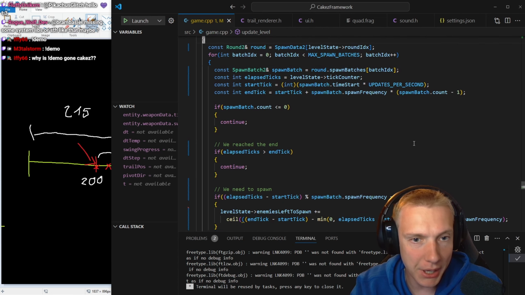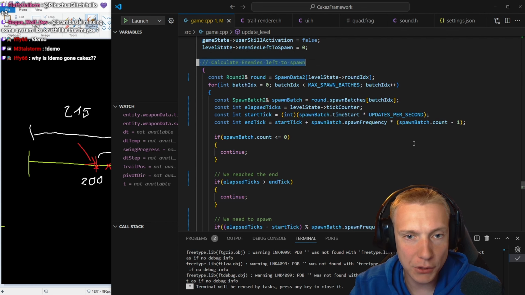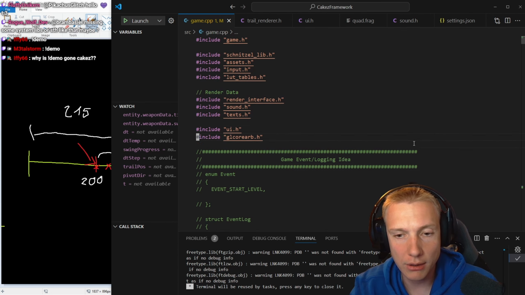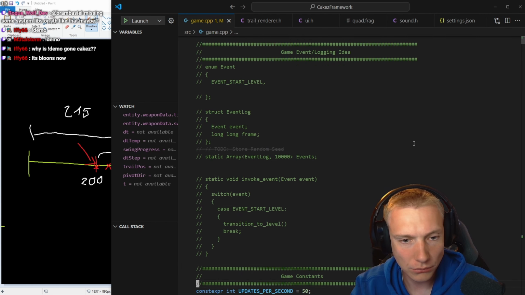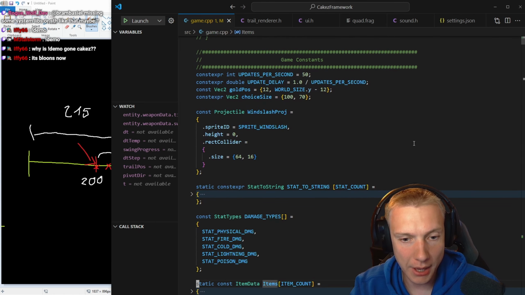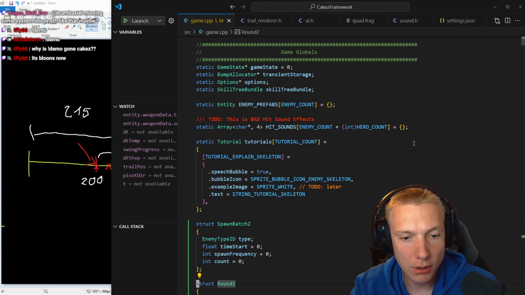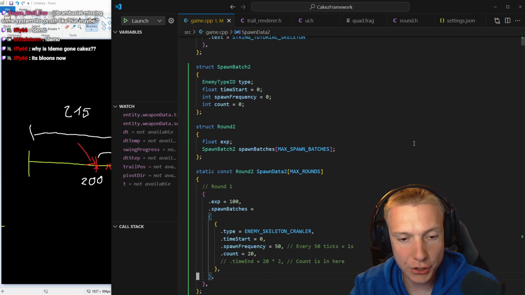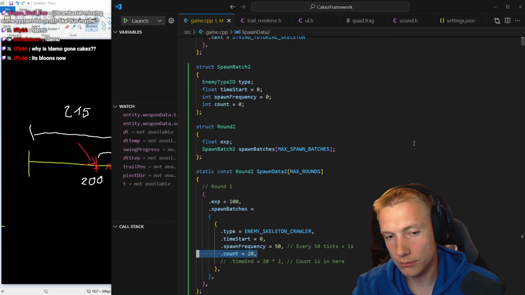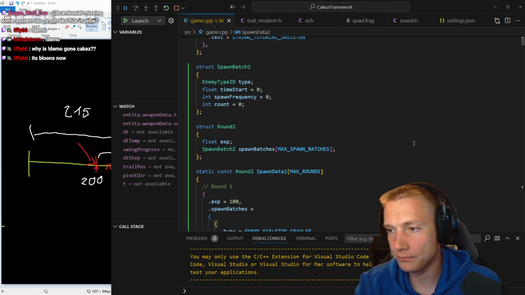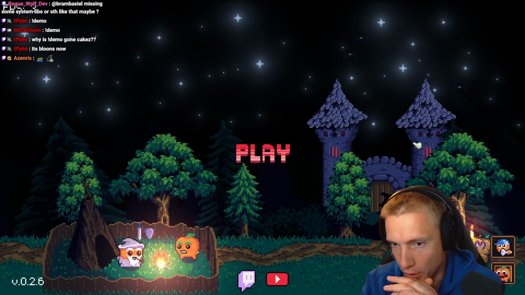So, we now have enemies left to spawn. We are now calculating the new spawning system. And that means we should have 20 enemies in the first round to spawn. Let's see if this works.